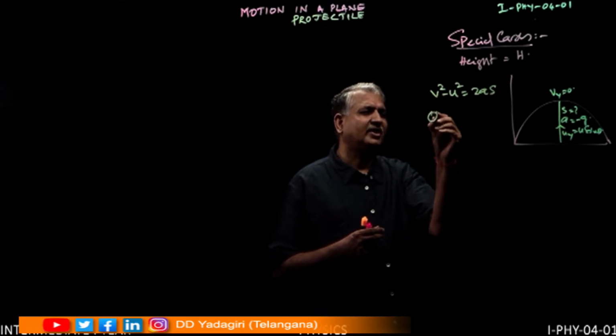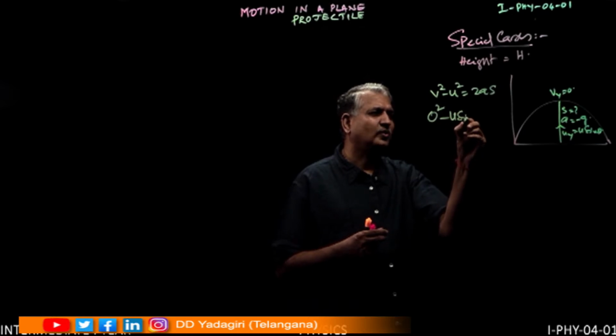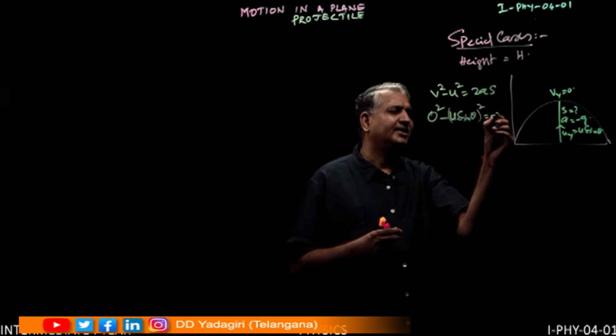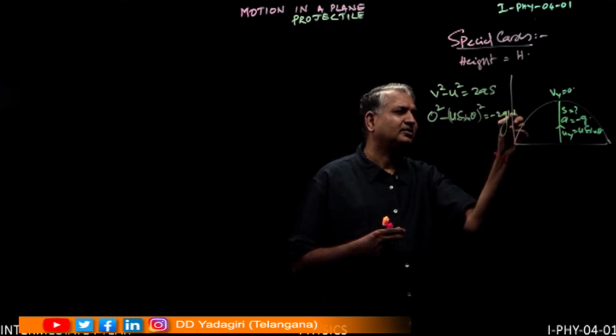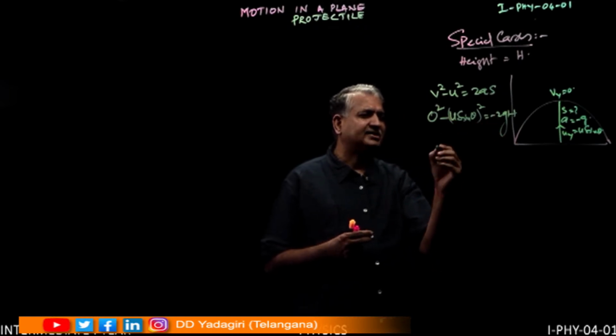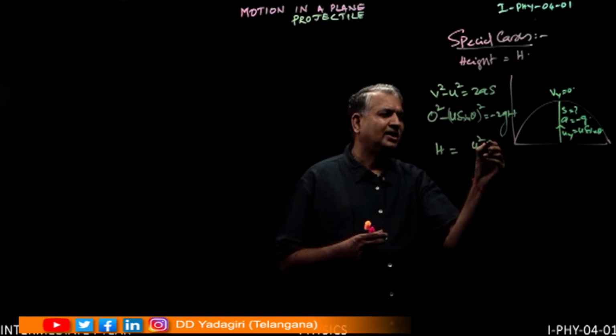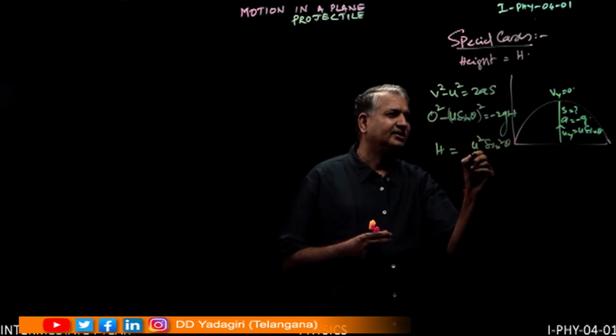The final velocity in the y direction is 0. U is u sin theta, whole square, is equal to minus 2g h, we have to calculate. Now this minus minus gets cancelled, h is equal to u square sin square theta by 2g.